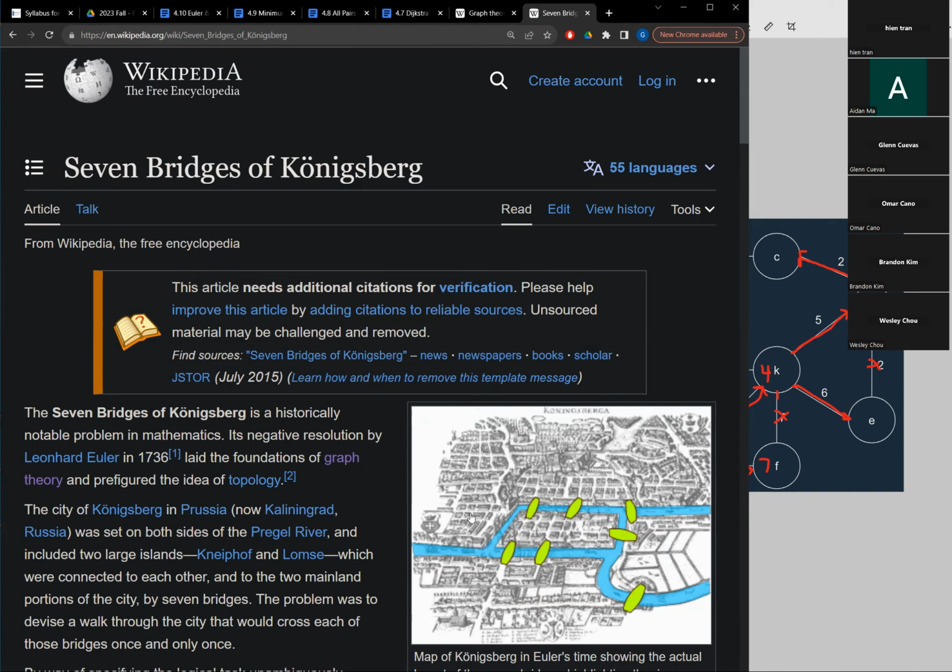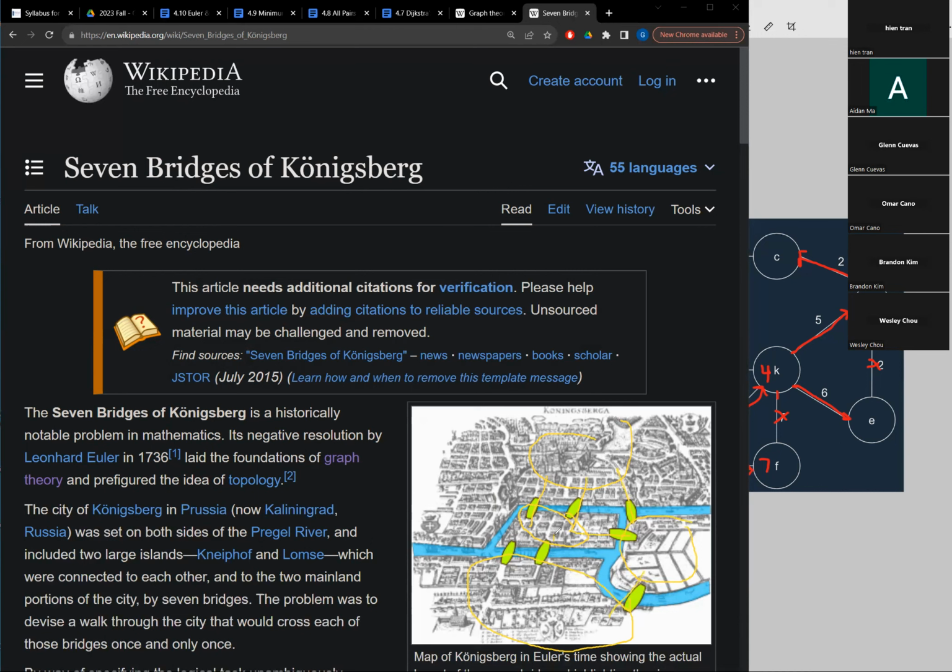All right, so there's a city that has 7 bridges connecting various parts of the city. So basically, you have a vertex up here, 3 edges coming out. So it's a multi-graph, allowing multiple edges between pairs of vertices.